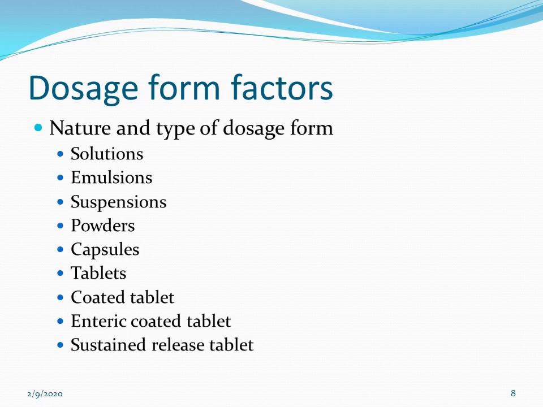Powders. As you know, these are in a dry state, and the powder particles should be wetted and then dissolved into the gastrointestinal fluid. Capsules are divided into soft gelatin capsules and hard gelatin capsules. Usually the soft gelatin capsule shows a better dissolution rate than the hard gelatin capsule.